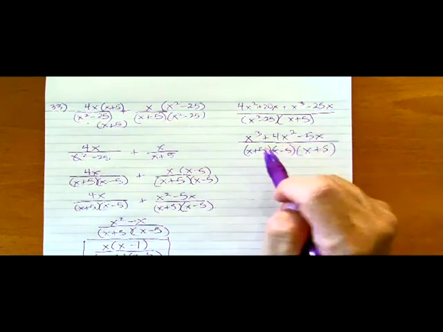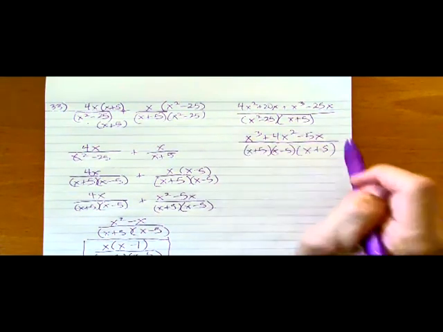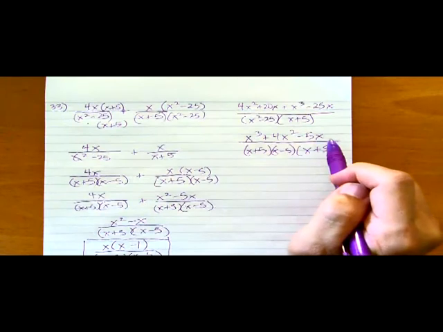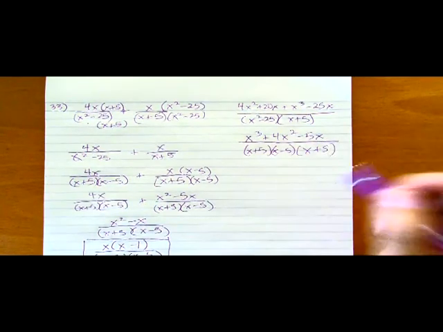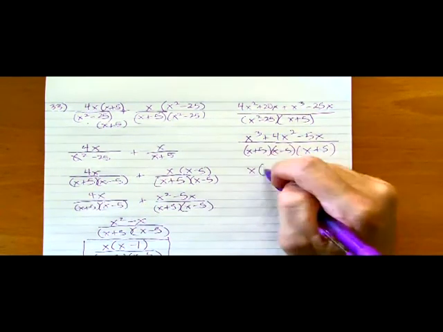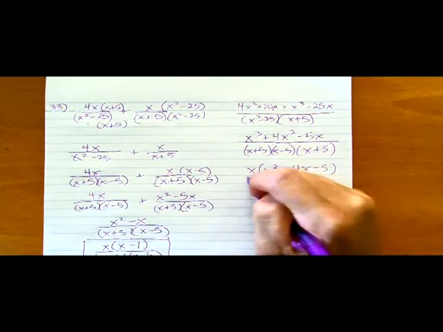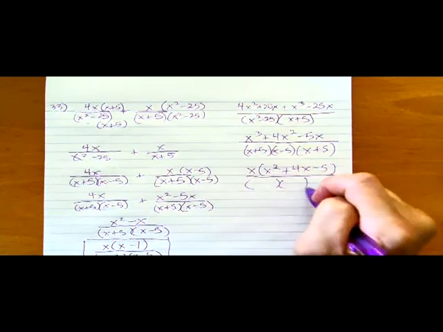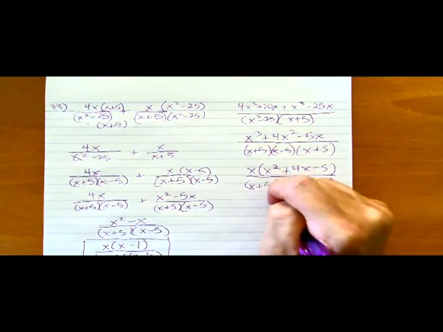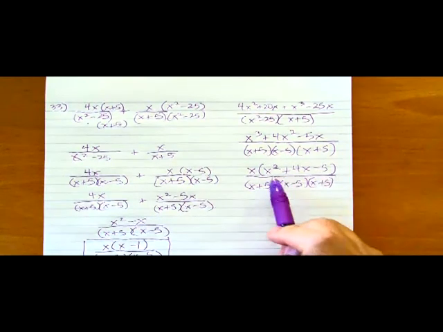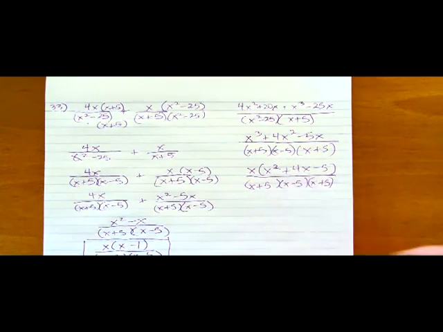It doesn't quite look like it, but if you look at the numerator, we can go further. They have an x in common. So x squared plus 4x minus 5 with the 3 parentheses. Look at that polynomial there.